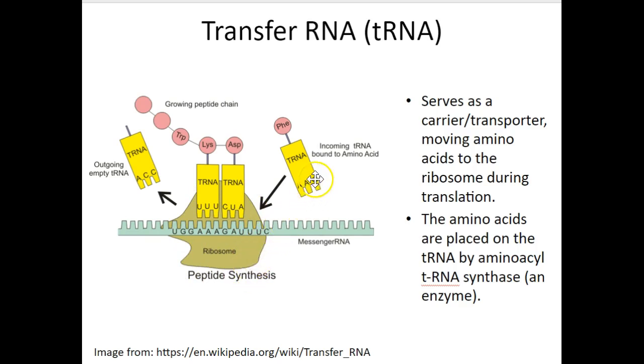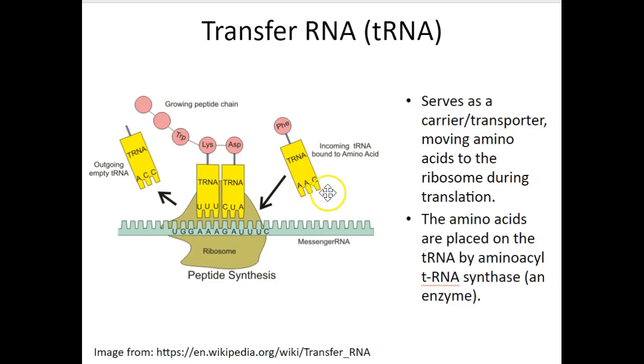When we talk about translation, we'll talk about how the tRNA molecule makes sure that the information in the messenger RNA, which is shown here in teal, is used to get the correct amino acid. That relationship is maintained by the tRNA through something called the anticodon region.